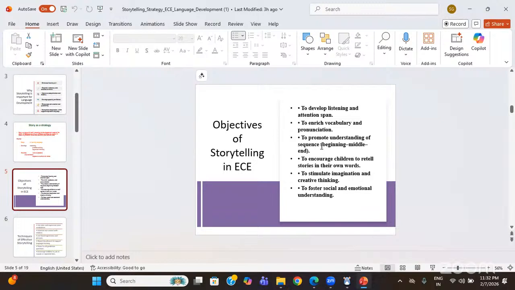How? So, they have to identify the beginning of the story, the middle of the story, the end of the story, so that the story goes in a sequence.